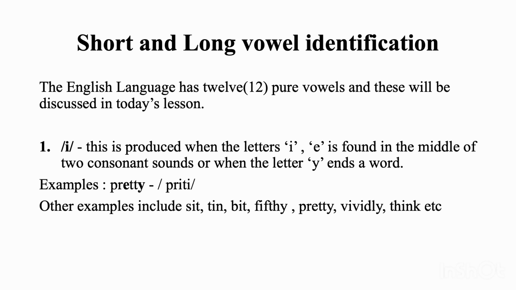But that is the basic thing. And although this is the explanation given, it doesn't mean it applies 100% of the time. But most of the words that you are likely to identify this particular sound in is seen in this environment. So that is it for the first one. And it's a short vowel.